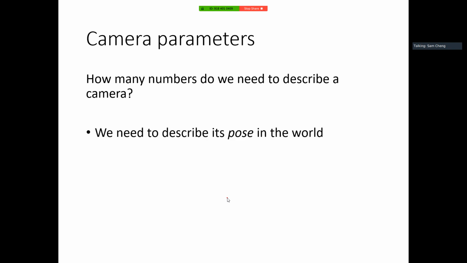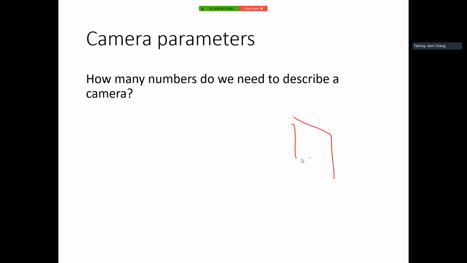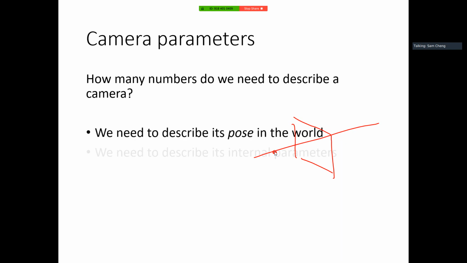Besides that, in the original discussion here, we assume the center of the camera is the origin of our coordinate system for the world model. It's possible that these two coordinate systems are not aligned with each other, so we need to take care of that also.